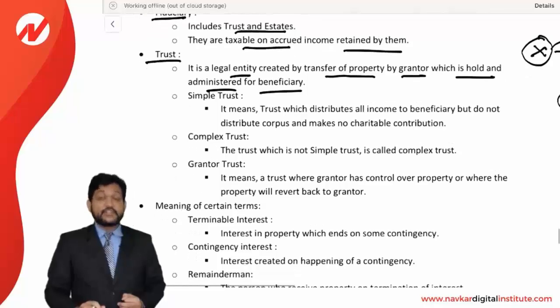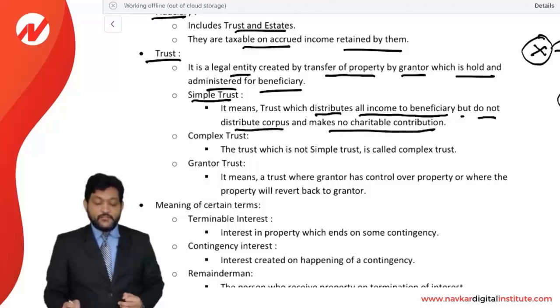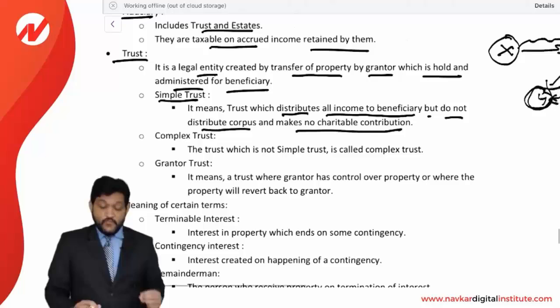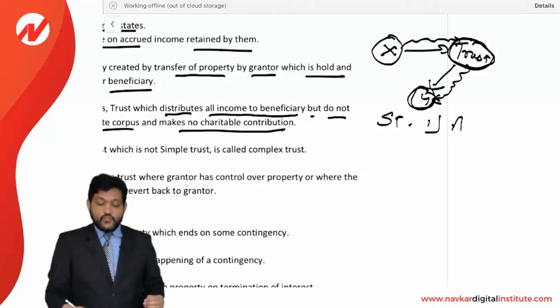Now there are different types of trust. First is a simple trust. It means a trust which distributes all income to the beneficiary but does not distribute corpus and makes no charitable contribution. Friends, three conditions have to be fulfilled to be a simple trust. First condition, distribute all income, no retained earnings. Second, do not distribute corpus.